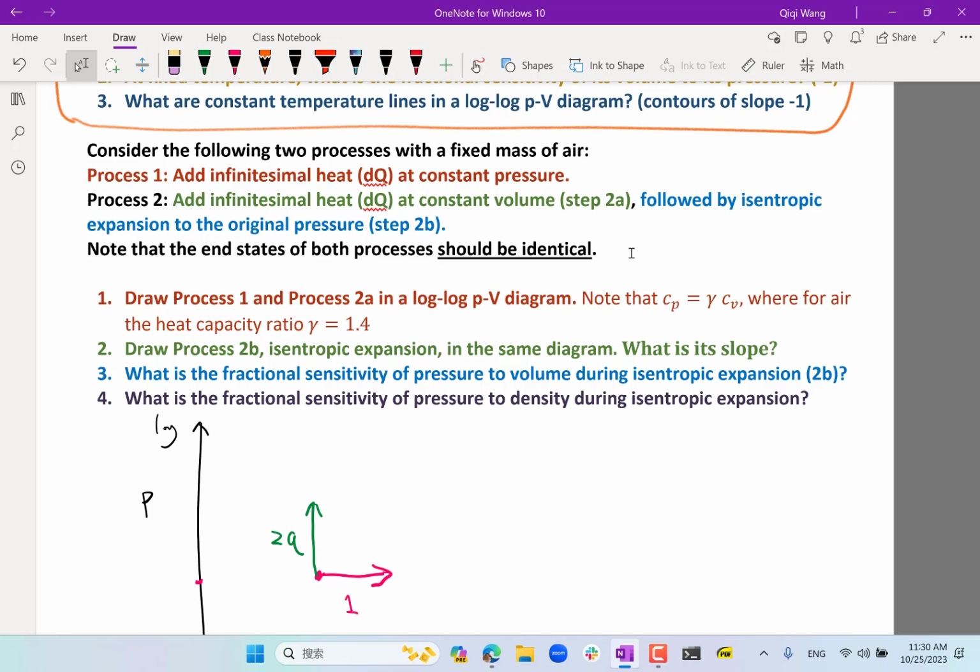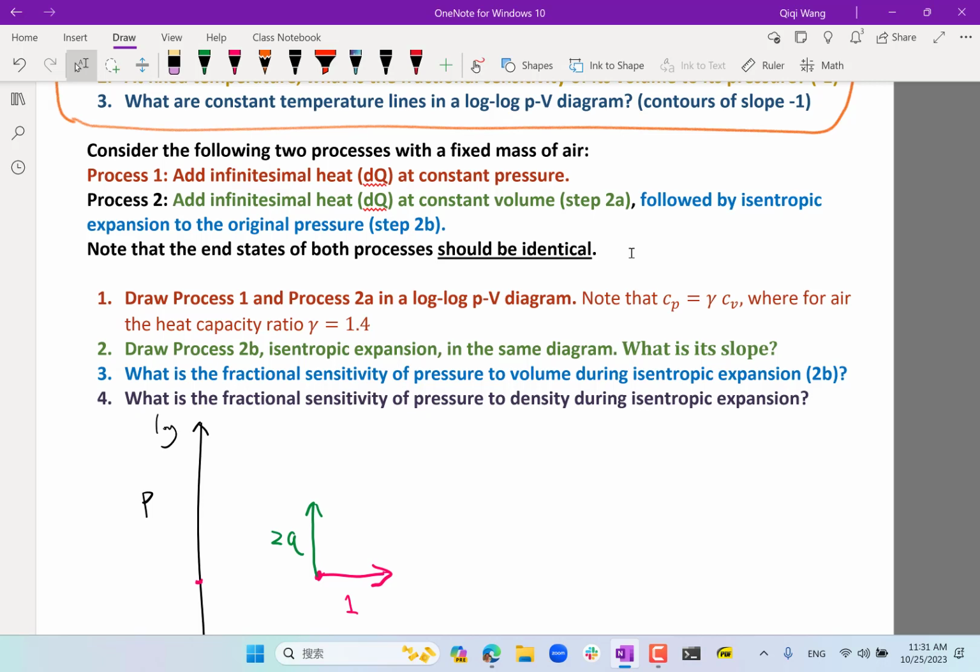It's the ratio of how much heat you have to add for the same amount of temperature rise. A higher heat capacitance means you need to add more heat for the same temperature rise. Air has a heat capacitance ratio of 1.4, and that's actually the case for all ideal gases primarily composed of molecules with two atoms, like nitrogen and oxygen.